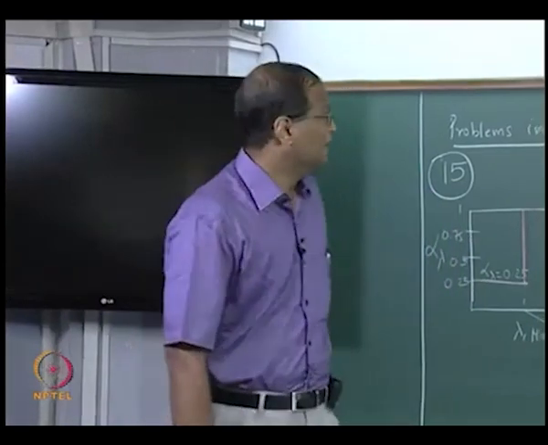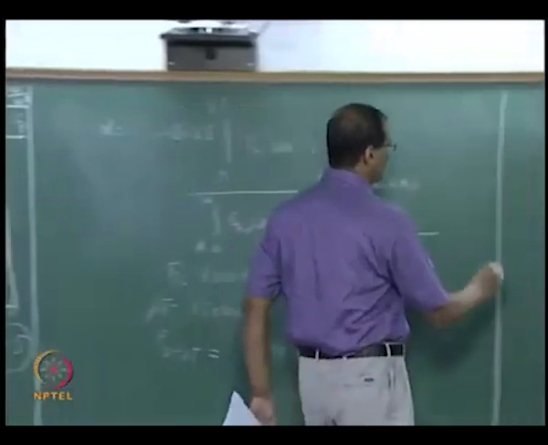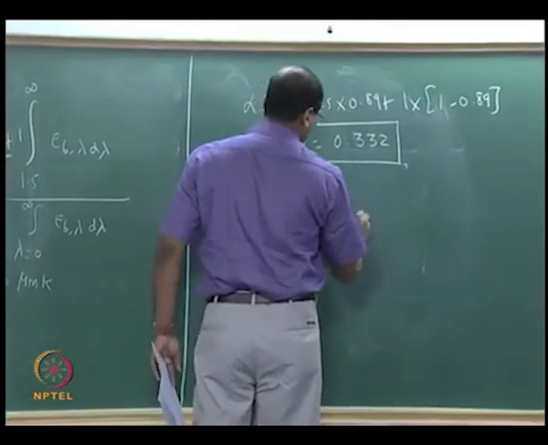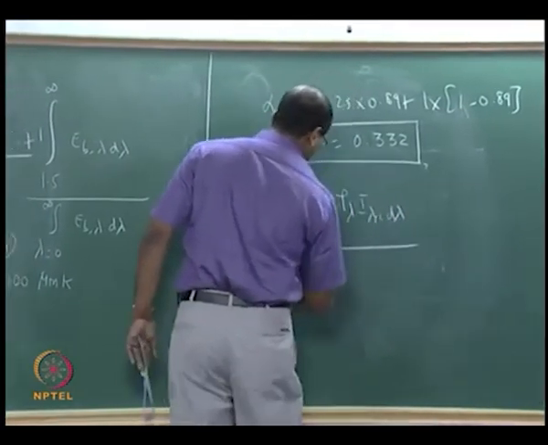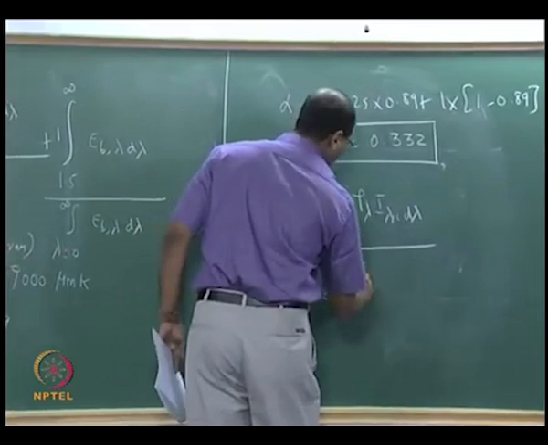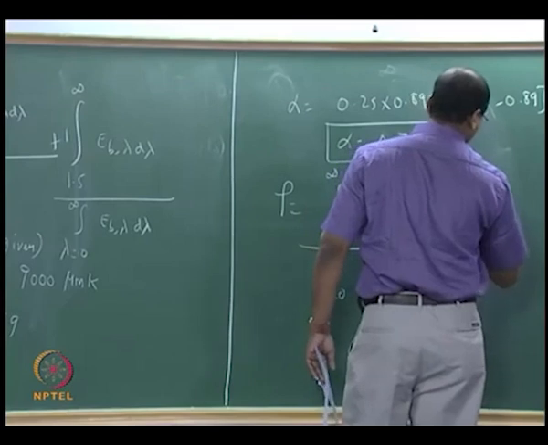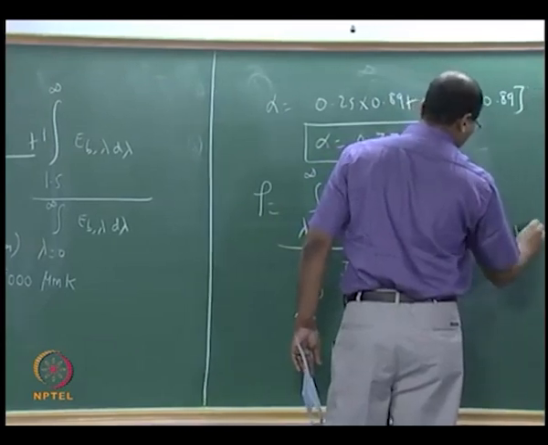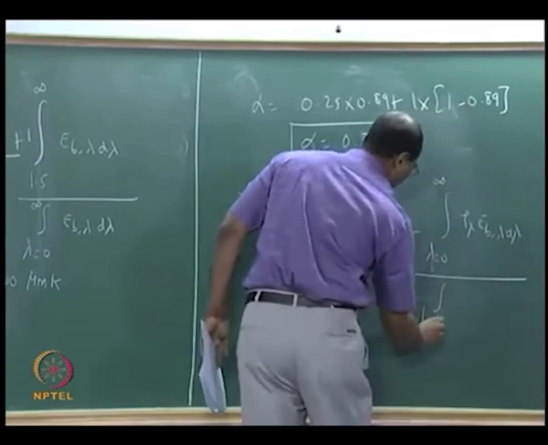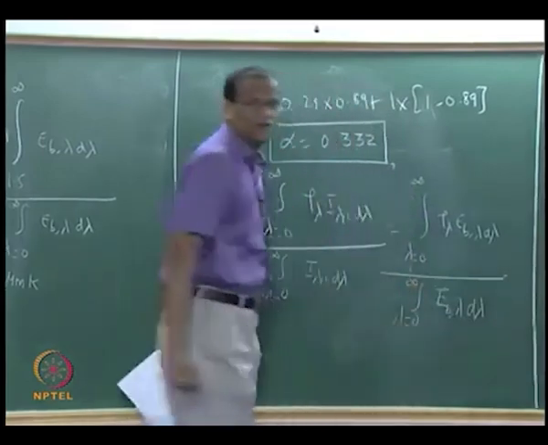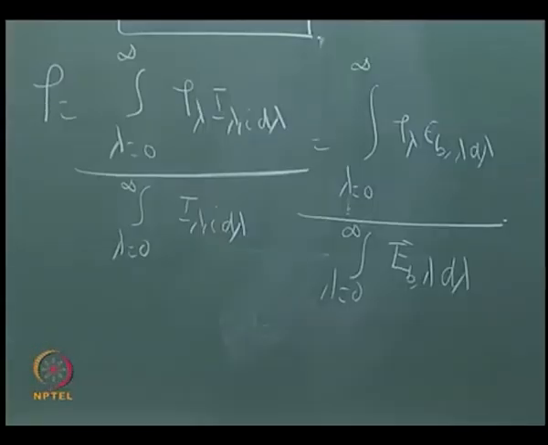Okay. Now you have calculated the alpha. Similarly, rho, okay. Do not quickly declare that rho is equal to 1 minus alpha, then you are doomed.